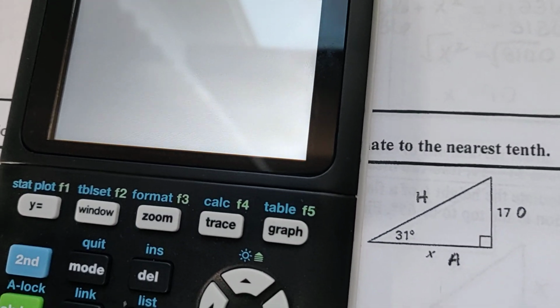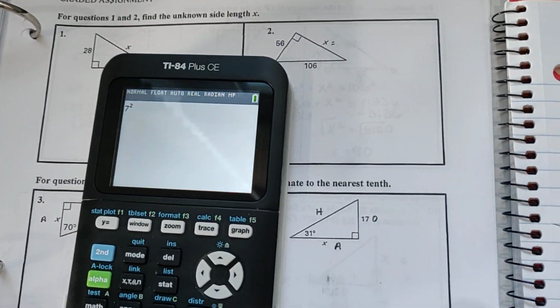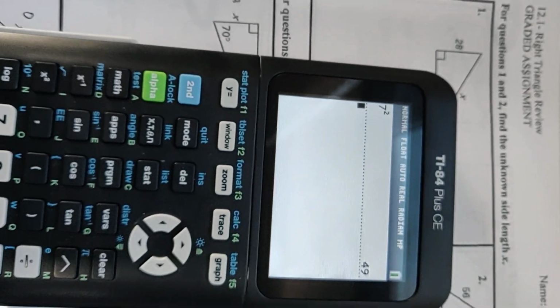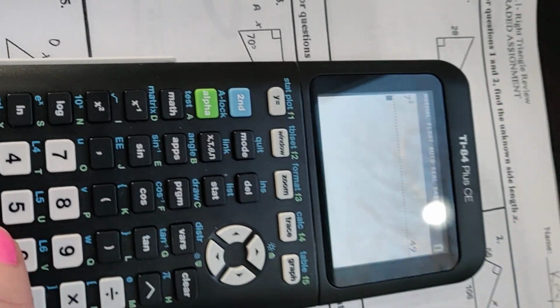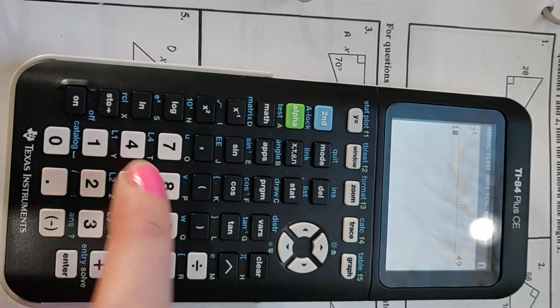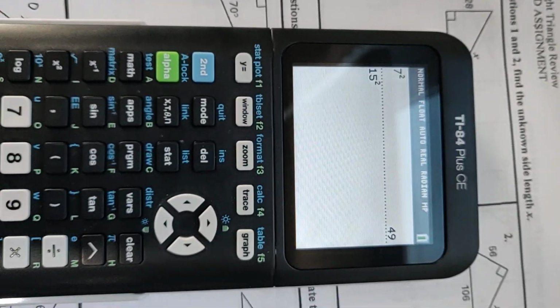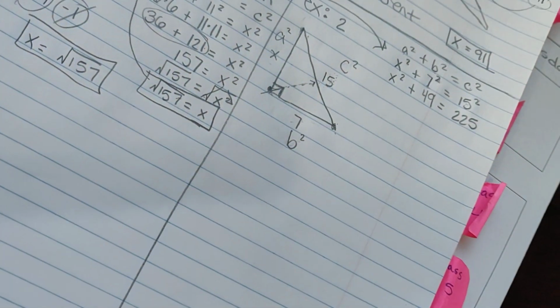We've got 7 squared, enter. I should probably turn it this way. And we've got our 49. So we know that 49 is correct. And then 15 to the second power. If I type in 15 squared and hit enter, 225. Bingo! Here we go.